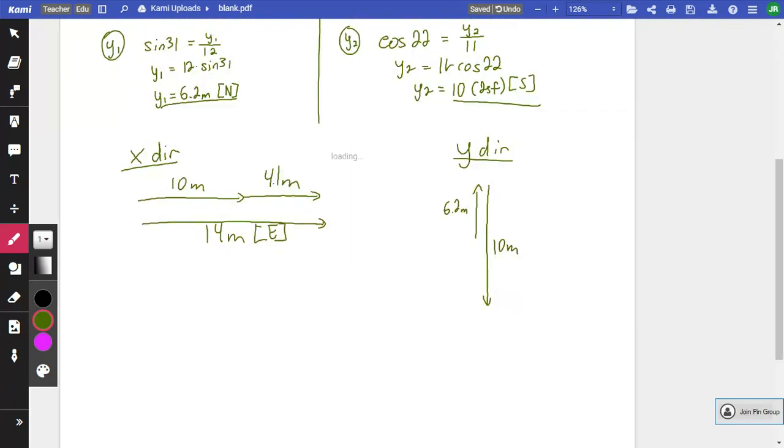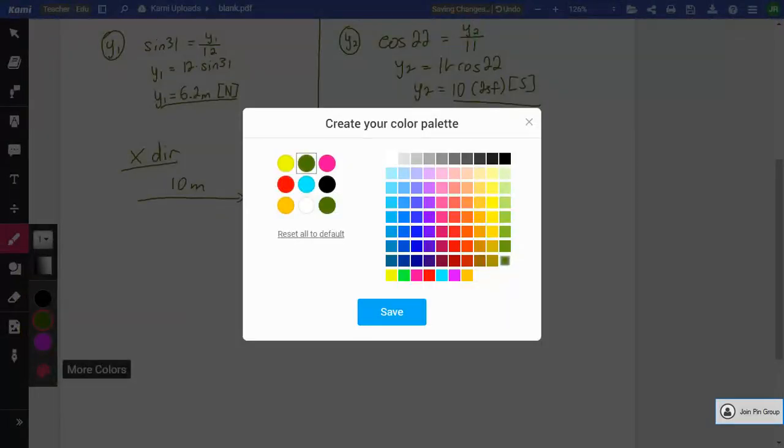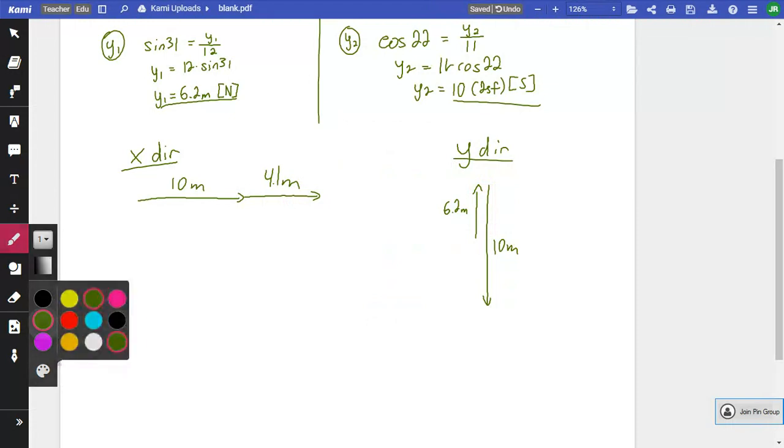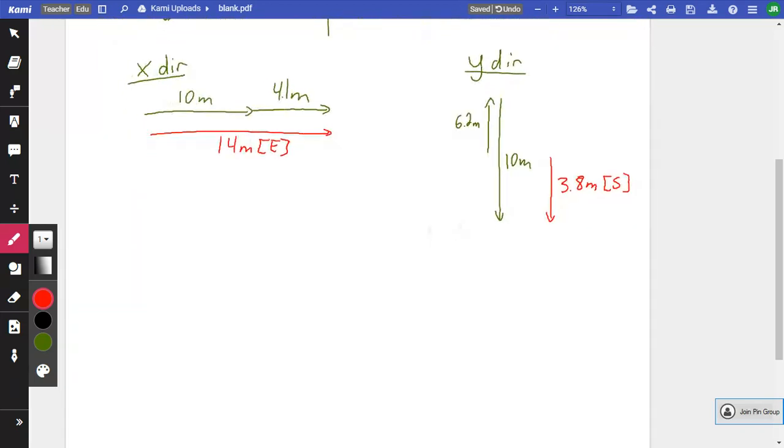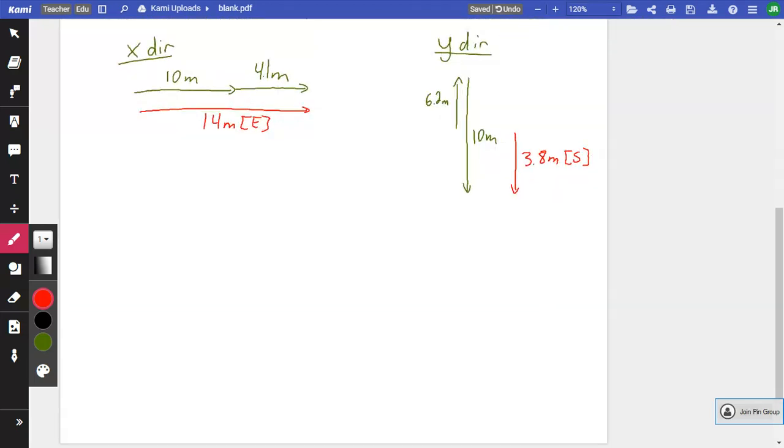And we get a total of 3.8 meters south. I know you can argue with me, this is subtraction, so we should just keep 4 meters south. Forget it, okay? I'm keeping 2 sig figs. If you don't like it, neither do I.